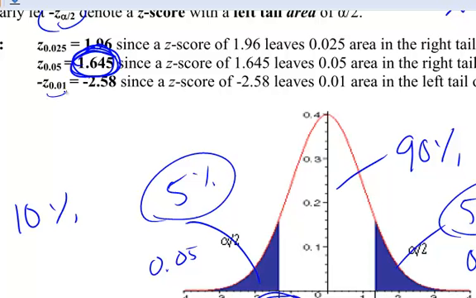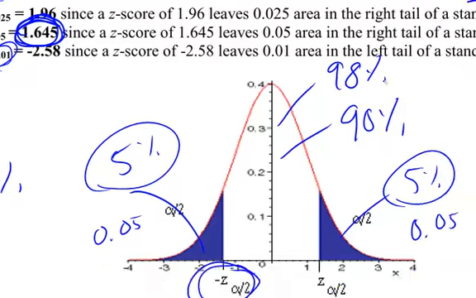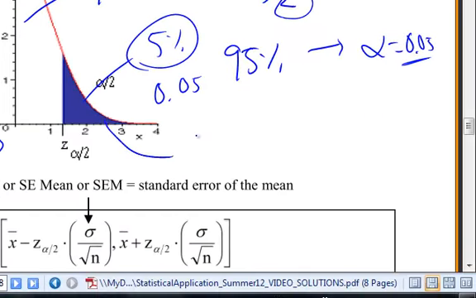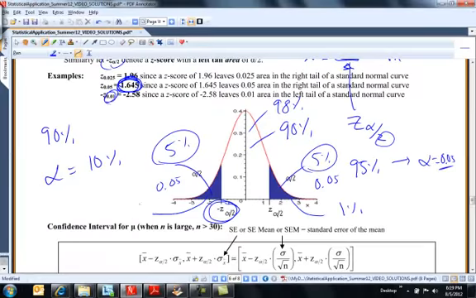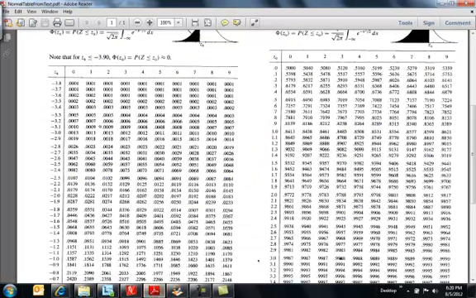If I want to leave 0.01 in the tail, that must be a 98% confidence interval, right? Because a 98% confidence interval would leave 1% here and 1% there. If you go back to your table, let's see, 1%.